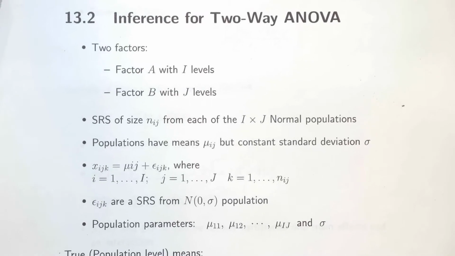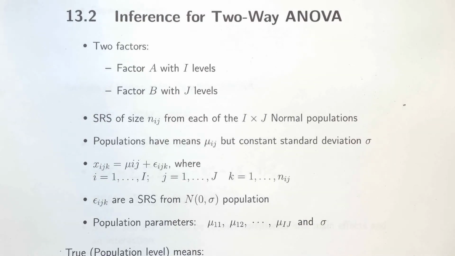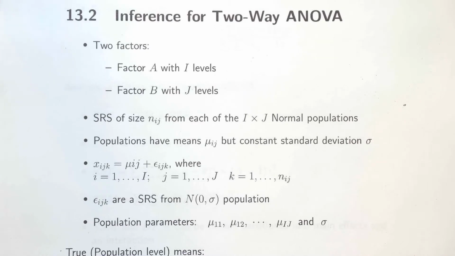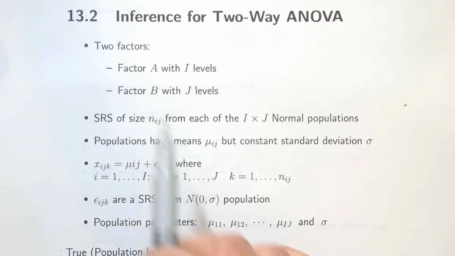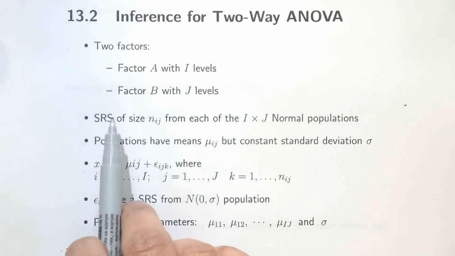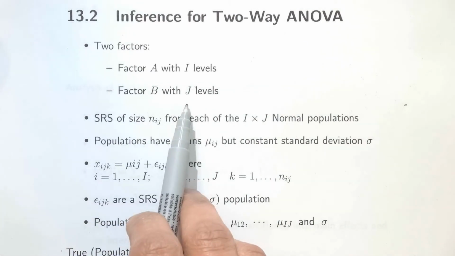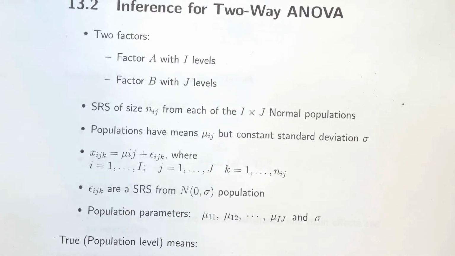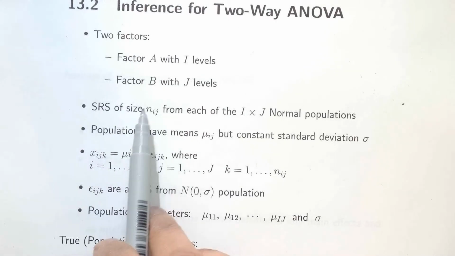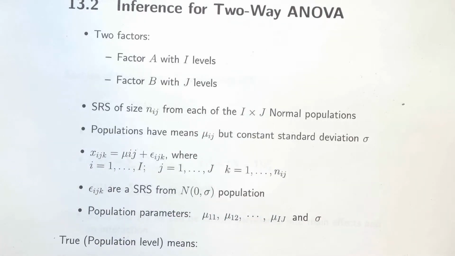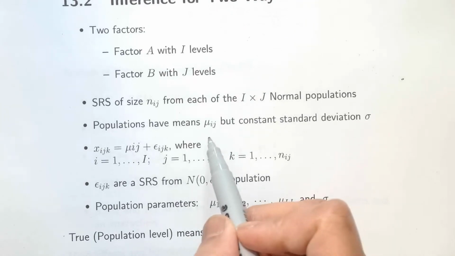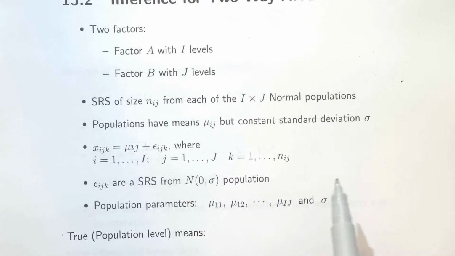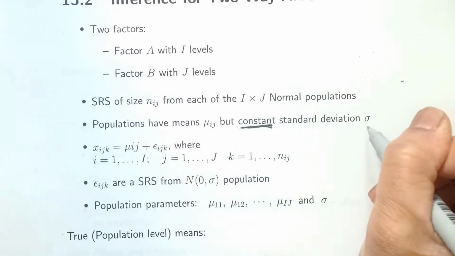Okay, so let's start looking at our inference for this two-way ANOVA. We have two factors, factor A with capital I levels, factor B with capital J levels, and if we think about the sample size, there are n_ij observations from each of these I times J normal populations. The population associated with each one of them has a mean, mu_ij, but we assume a constant standard deviation sigma.